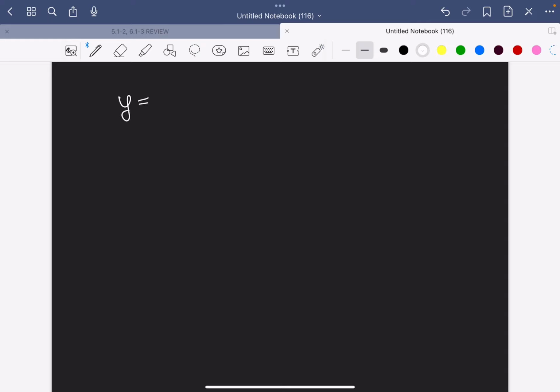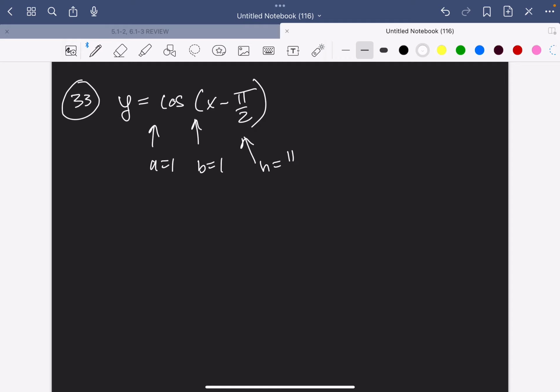I need y is equal to the cosine of x minus pi over 2. This one's number 33. In this case, it should be pretty clear from this that a is equal to 1, b is equal to 1, h is equal to pi over 2, and k is equal to 0.